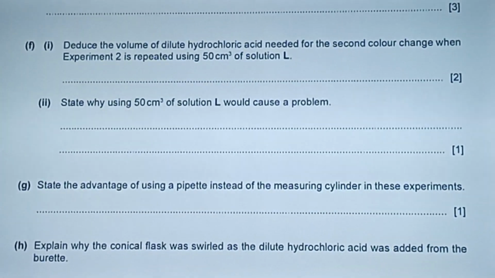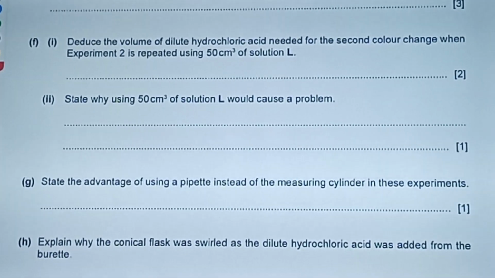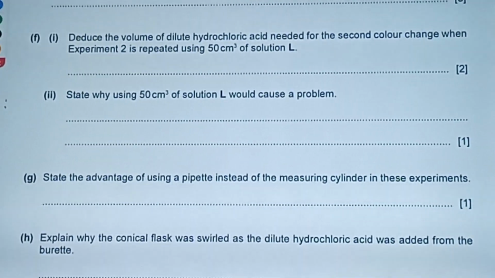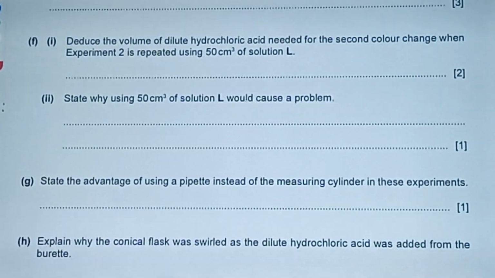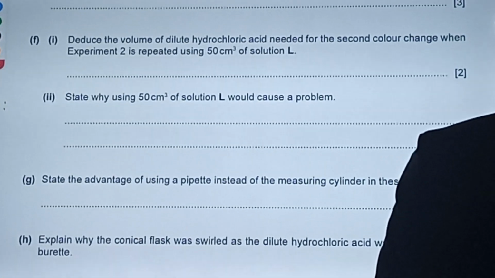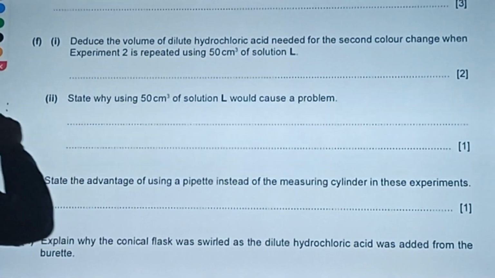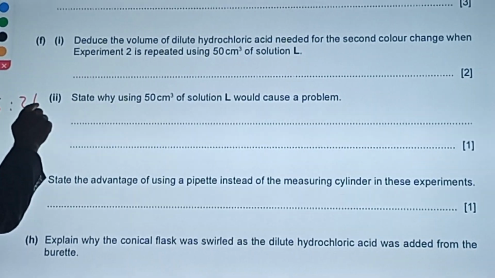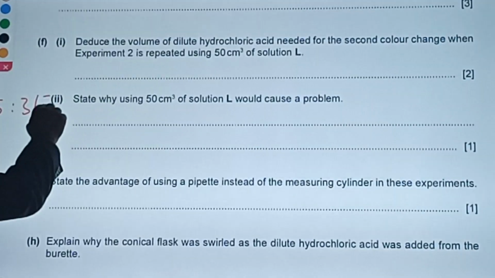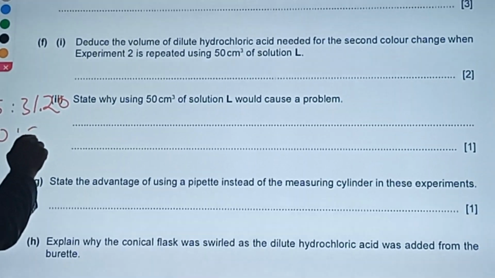So we have to make a ratio. When we used 25, L was used in experiment 2. So in experiment 2, you can easily see from here how much volume was used for the second color change: 31.20. When we use this 25, the total volume was 31.20. So if in this case we use 50, what should be the volume?